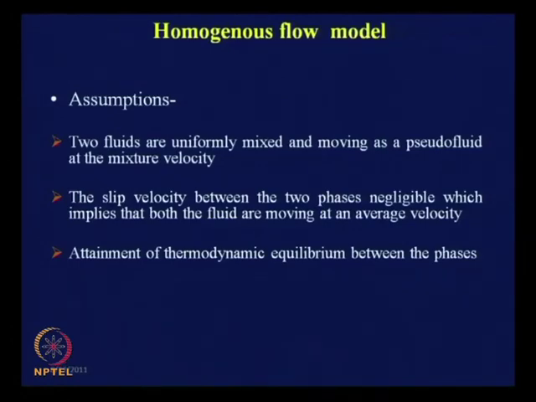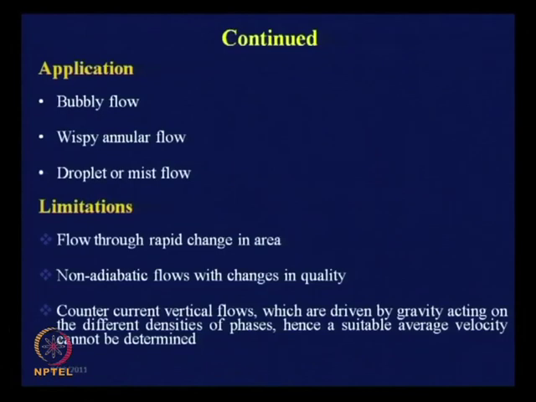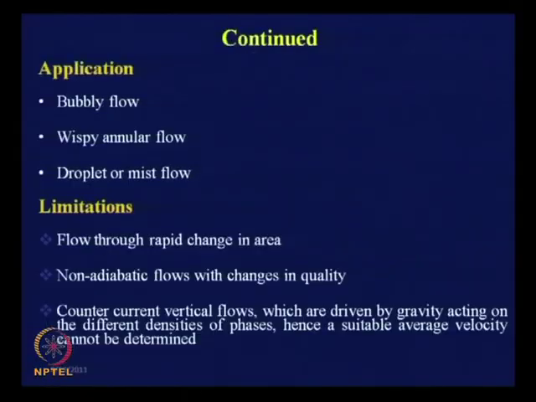There is another very interesting situation where we cannot use homogeneous flow theory. That is, suppose you have countercurrent flows. Even if it is a bubbly flow situation, you have countercurrent flows. Then in that case, the flow is driven by gravity or vertical flows, and the gravity acts on the different densities of the two phases.